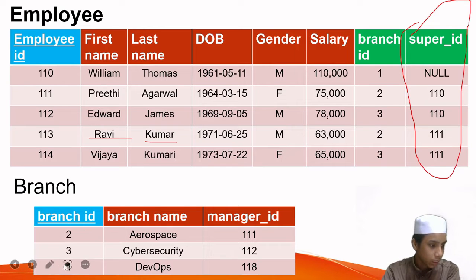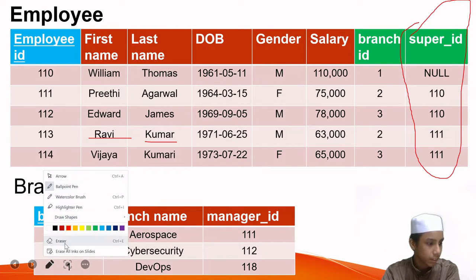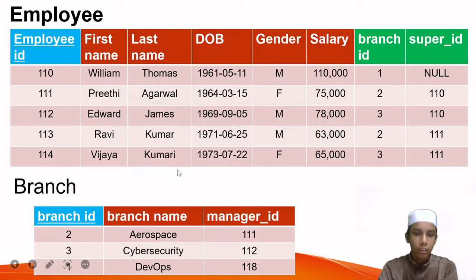So here we can use the foreign key on the employee table to define the relationship between the employees. We are defining a relationship between the employee table and the employee table itself.